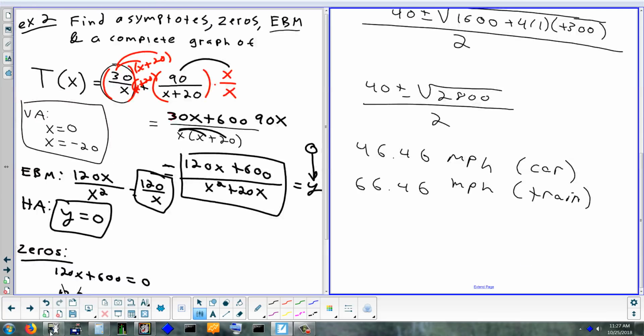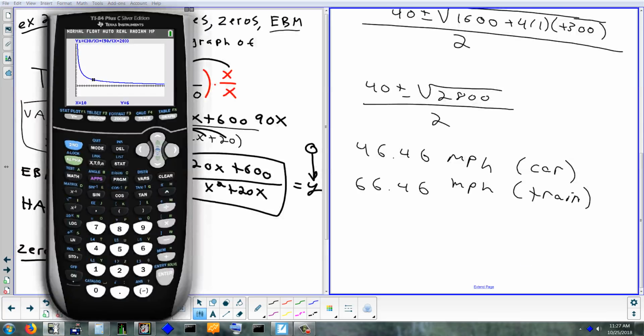So that's algebraically. Graphically, I would put a line at 2. I'm going to go a little further, although I already know I'm far enough. If I hadn't already solved the problem, I might not think I was far enough to see the intersection. So how do we get the intersection?